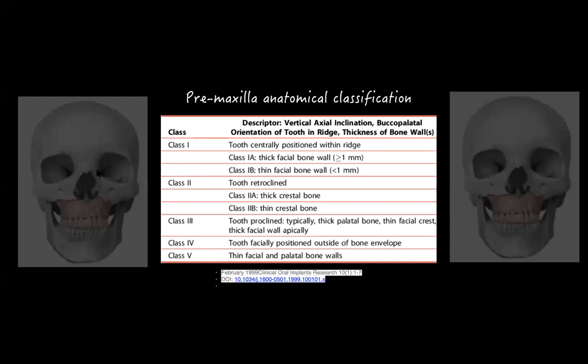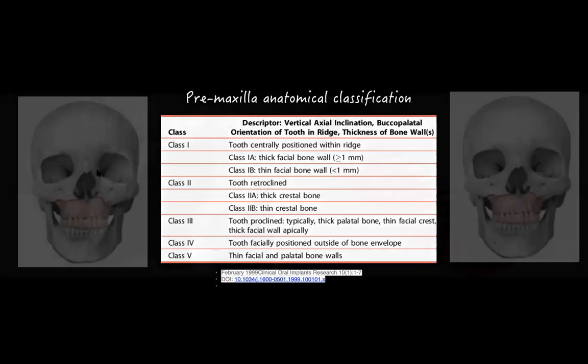So the class 1 is a tooth centrally positioned within the ridge, and then there are 2 different criteria, 1A and 1B. 1A is a thick facial bone wall, which is equal or more than 1 millimeter, and then class 1B is a thin facial bone wall that is less than 1 millimeter.